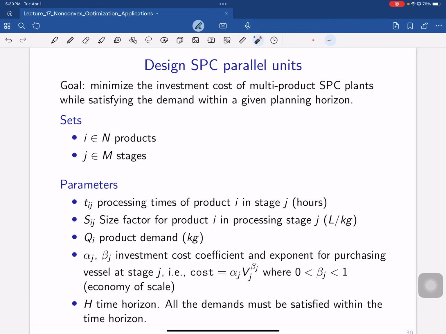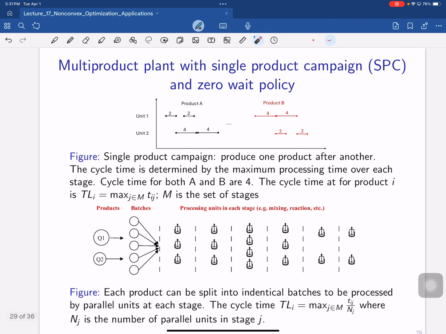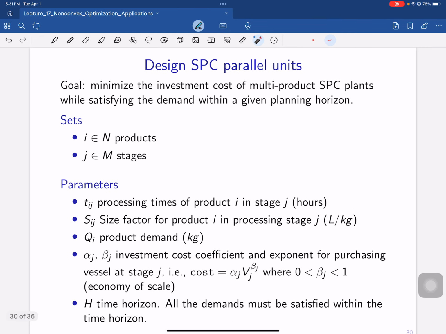Now the idea is we want to minimize the cost of a multi-product, single product campaign plant. Single product campaign means each time you only produce 1 product before you move to a different product, while you satisfy different demand.